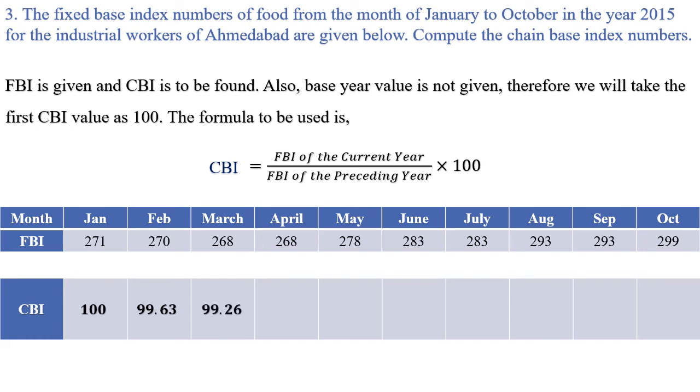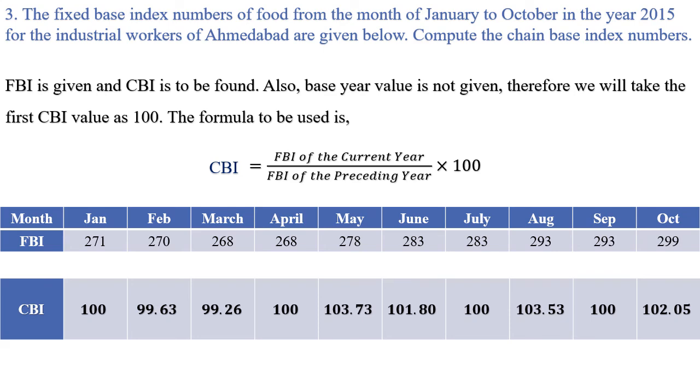Similarly, 268 upon 268 into 100 will be 100. And so on, we will take all the values according to our formula. We just have to follow the formula and we will get all the answers. So this is how we solve converting the given FBI values into the CBI values.